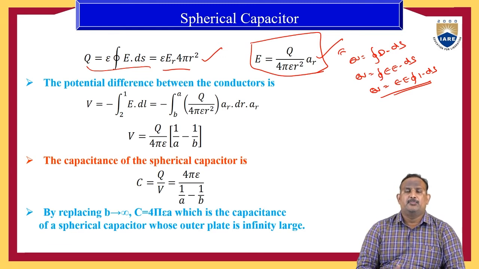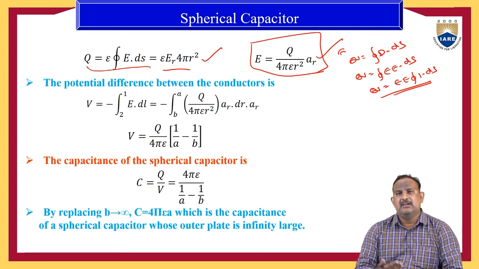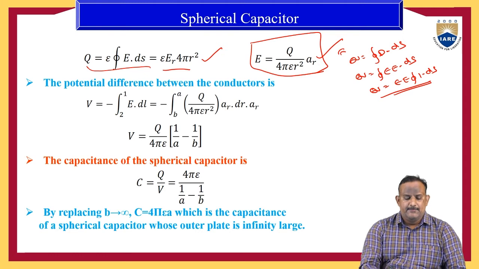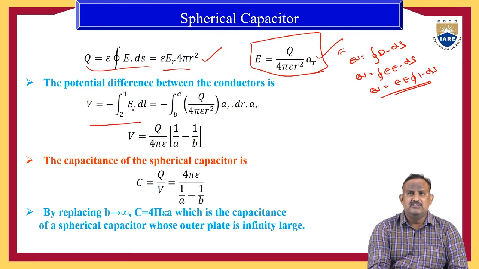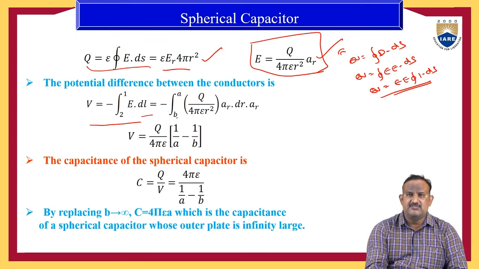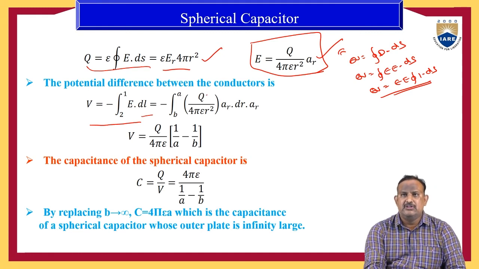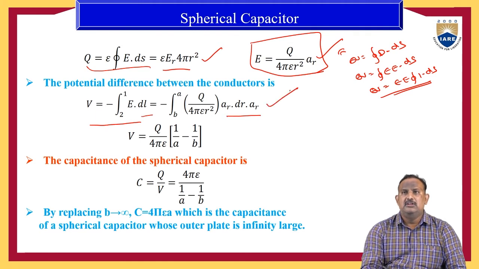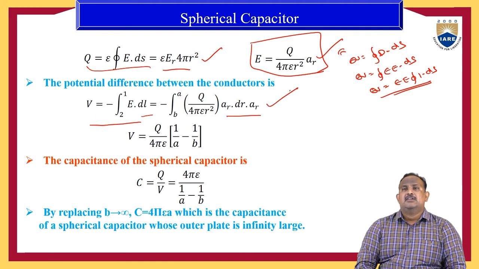Here we can find the potential difference between the two conductors by neglecting the fringing effect on the spheres. Therefore, the potential V is equal to minus integral E dot dl, which is equal to minus integral B to A, because the limits are from B to A. In place of E, I substitute Q by 4 pi epsilon r square into a r, dr into a r.